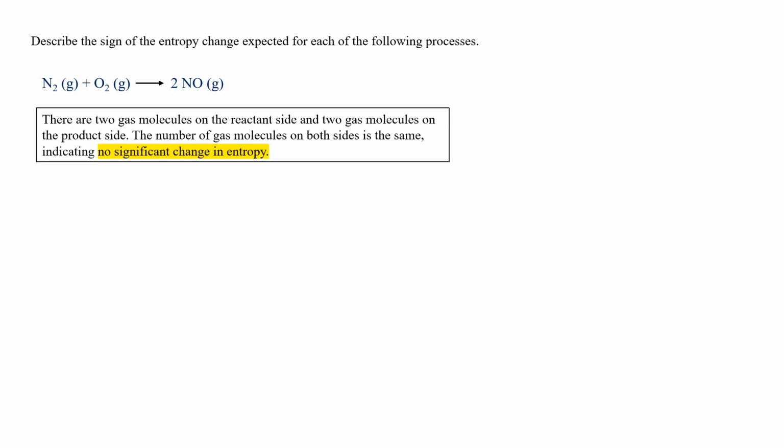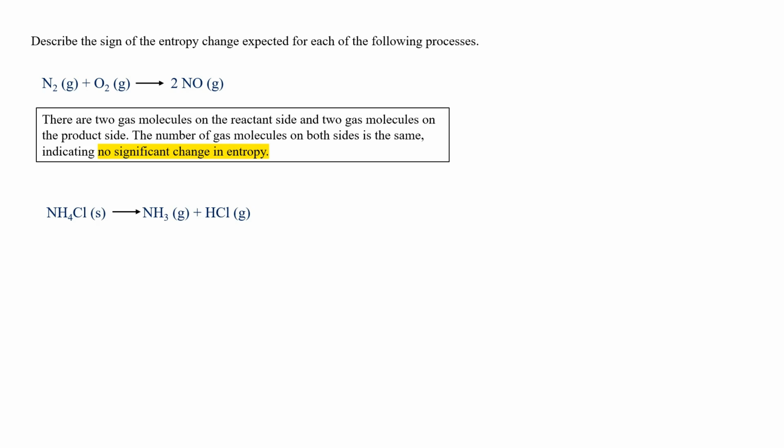There are two gas molecules on the reactant side and two gas molecules on the product side. Therefore, the number of gas molecules on the reactant and product sides is the same. No significant change in entropy in this reaction.